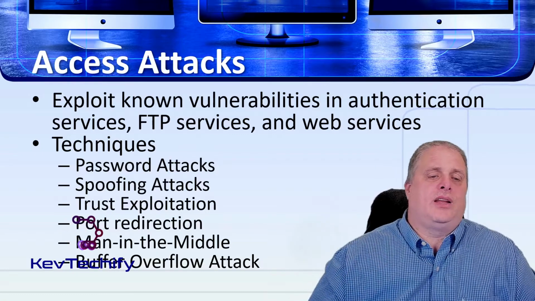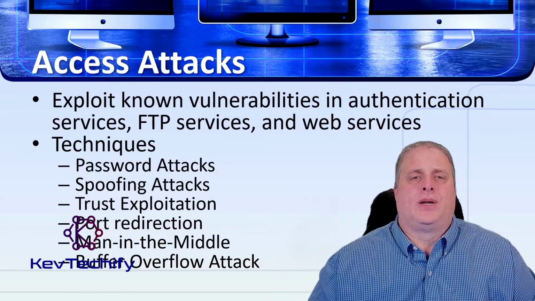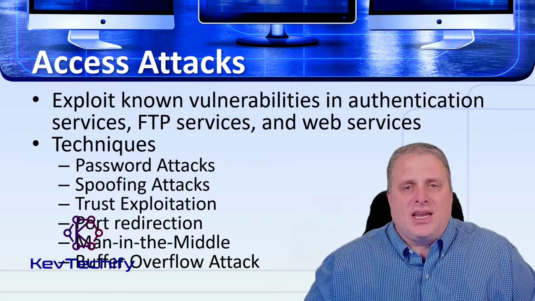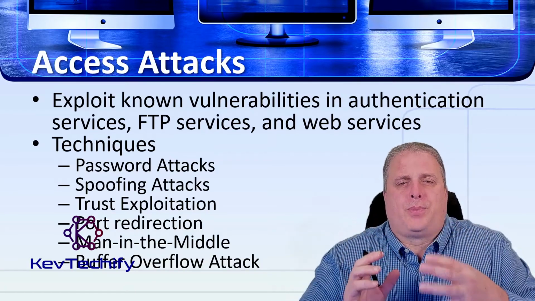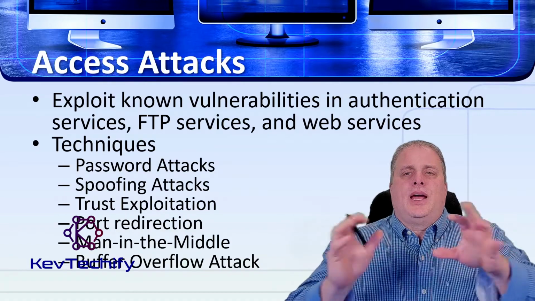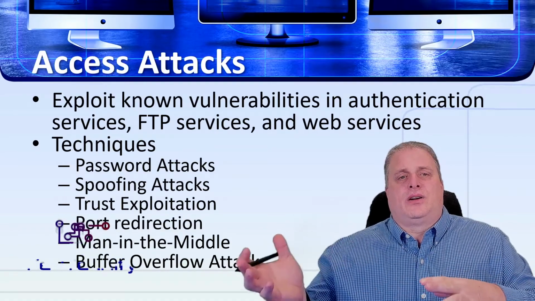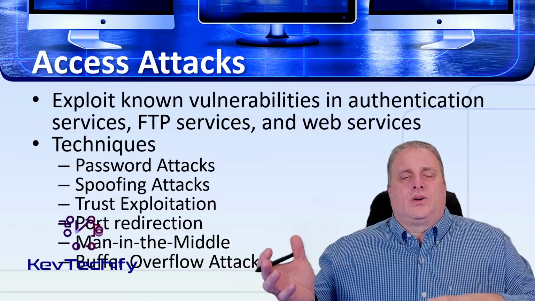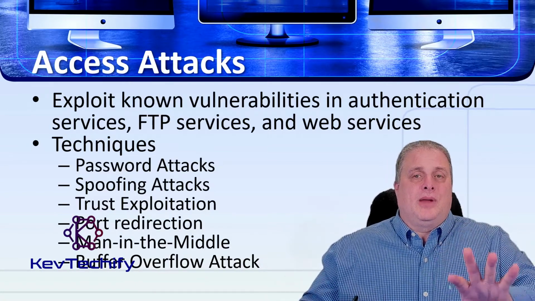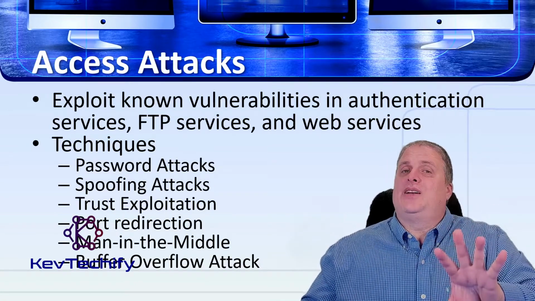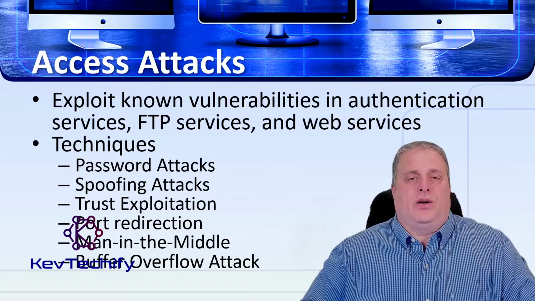The fourth technique is port redirection. In a port redirection attack, the threat actor uses a compromised system as a base for attacks against other targets. And so they have a compromised system, and it probably is inside your network, and it is going to start attacking other networks.